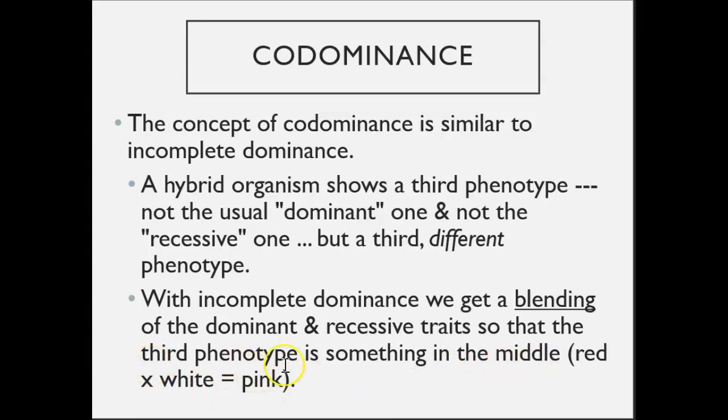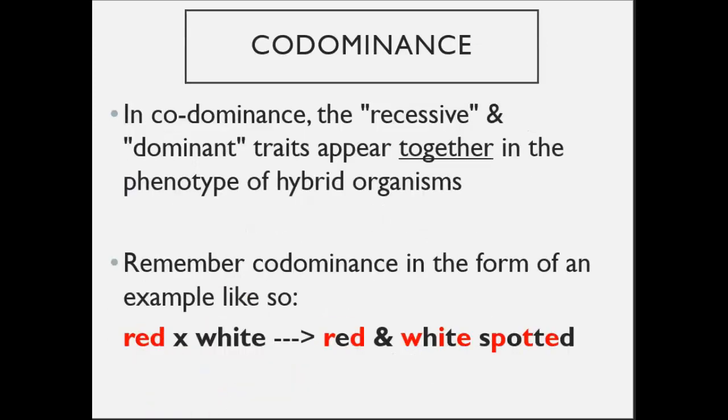Okay, incomplete was the blending of the dominant and recessive traits, but in codominance, you see both of them together in the phenotype of the hybrid organism. For example, if you have a red and a white parental variety, then you have a red and white spotted offspring. Okay, so codominance is you see both, like spotted. Incomplete dominance is where you see the blending.